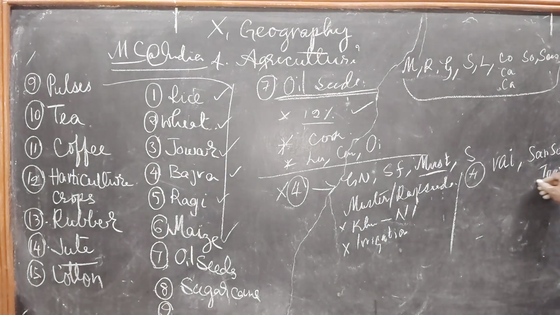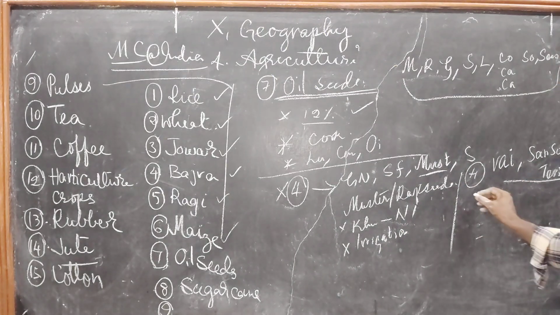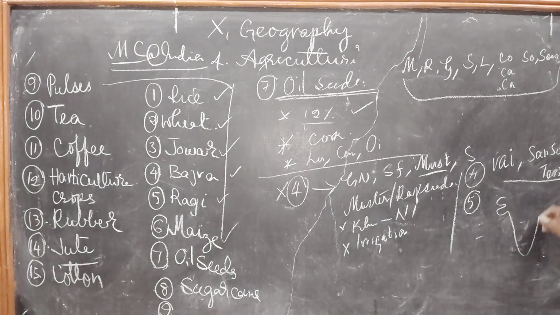These are the different varieties in mustard and rapeseeds. Which states mainly cultivate mustard seed? Haryana, Punjab, and northern Rajasthan. These are the highly producing states of mustard and rapeseeds.